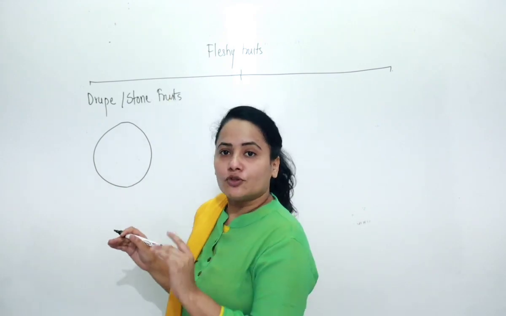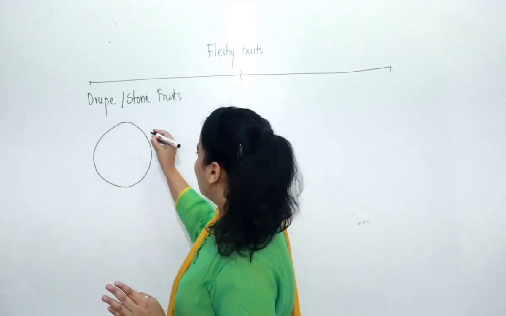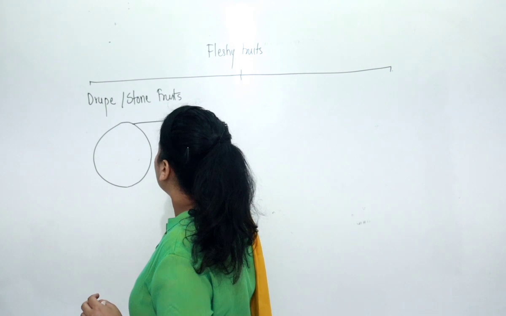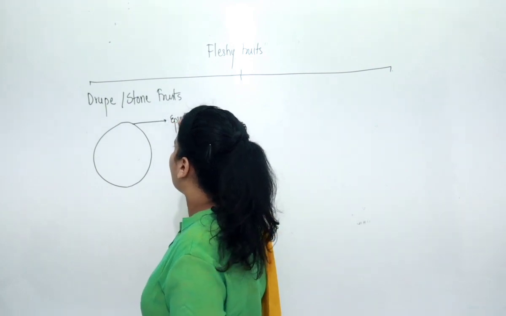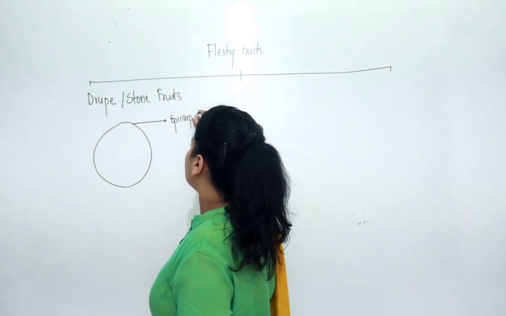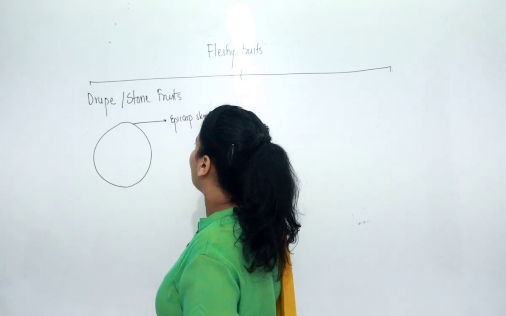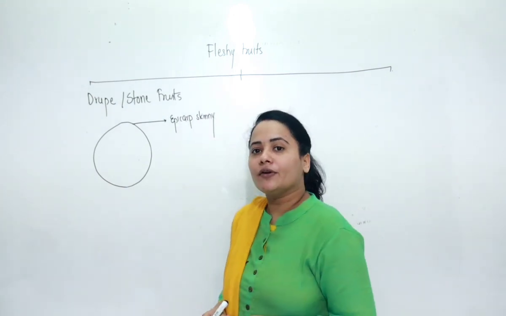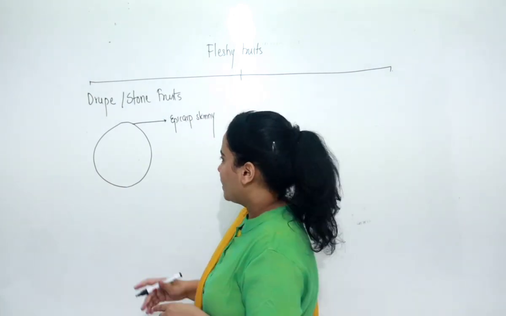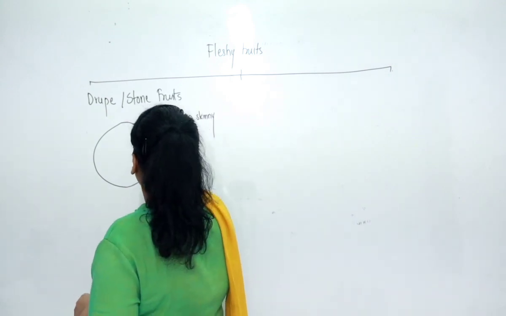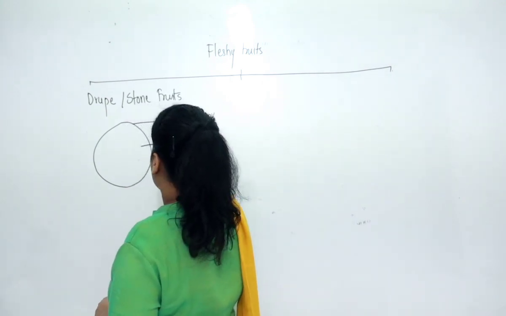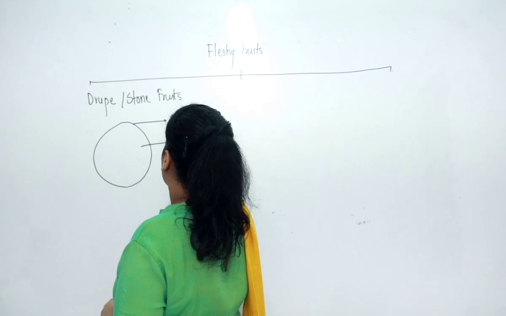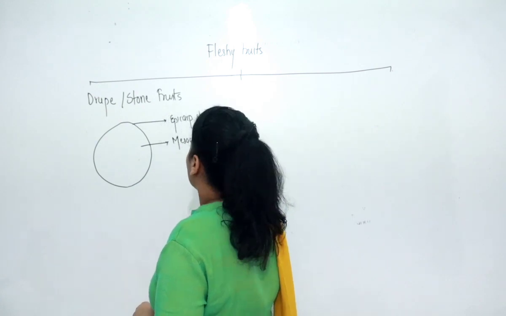In the stone fruits or in the drupes, the outer layer, that is epicarp, is skinny. Remember that. Then further, the second layer, that is mesocarp.